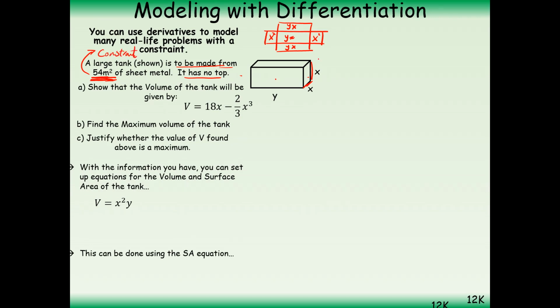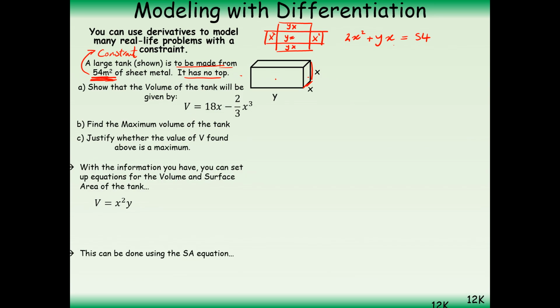Our constraint is in terms of two variables. So we've got 2x squared plus yx equals 54. We can rearrange this constraint and write it in terms of only one of those variables.